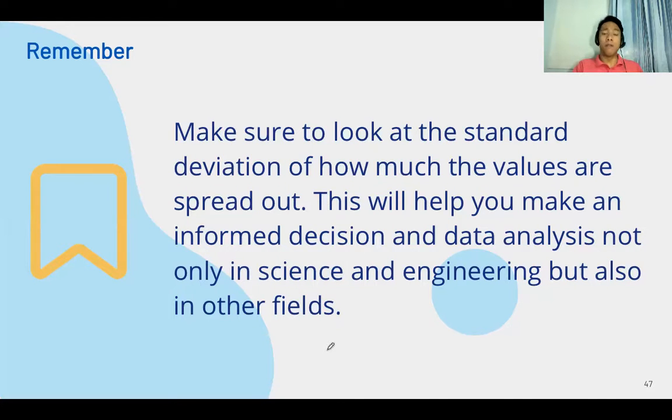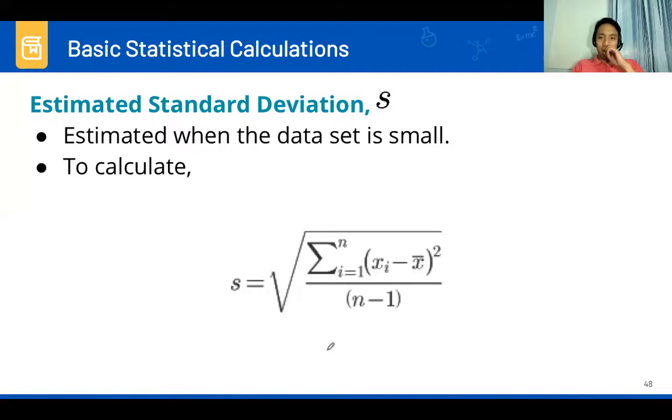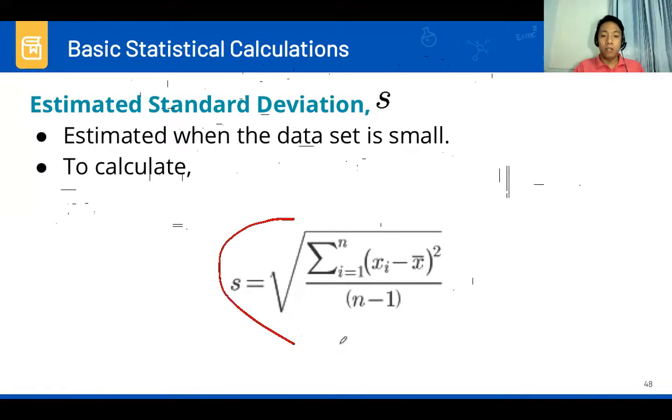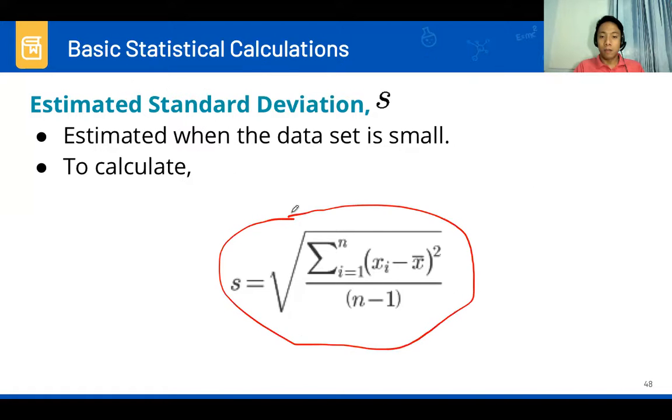So how to solve this one? This one is super easy. Believe me. Okay? Estimated standard deviation, we have the estimate when the data set is small. Okay? So this is for ungrouped data. Okay, so to calculate, we will use this. Okay, so paano kaya yan?